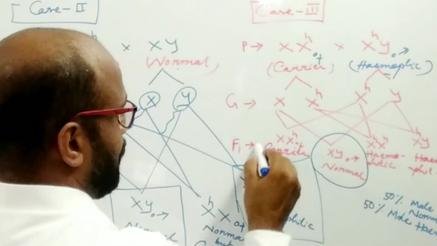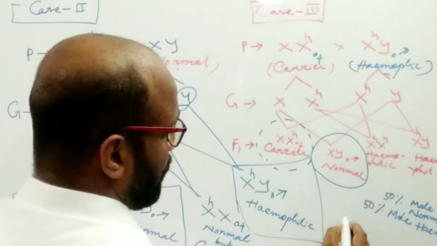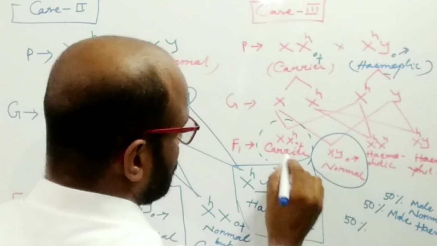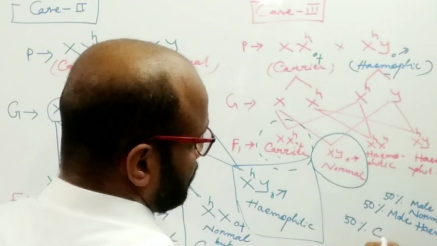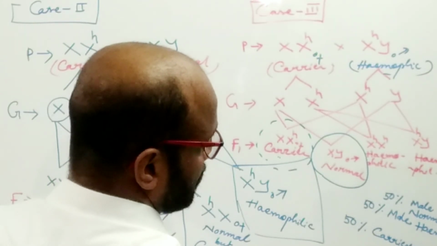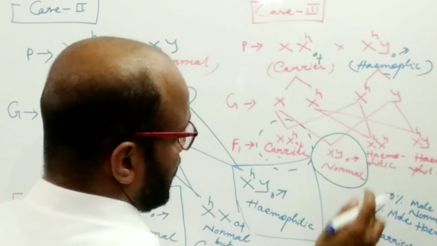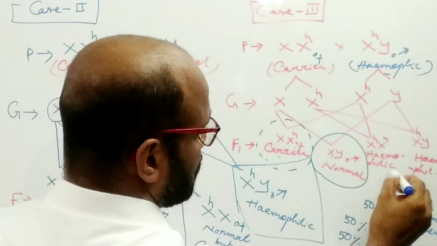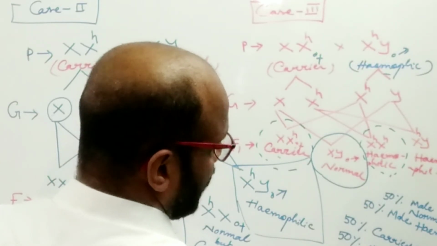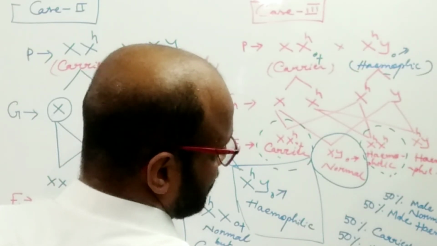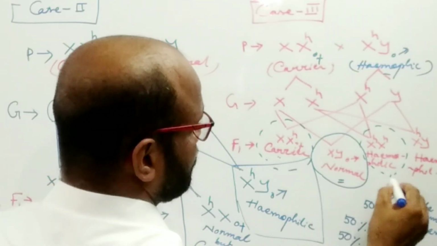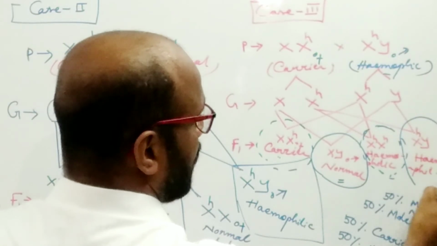In case of females, 50% of females or daughters become normal but carrier, and the other 50% of daughters will be hemophilic. This is the hemophilic female, and this is the hemophilic male.